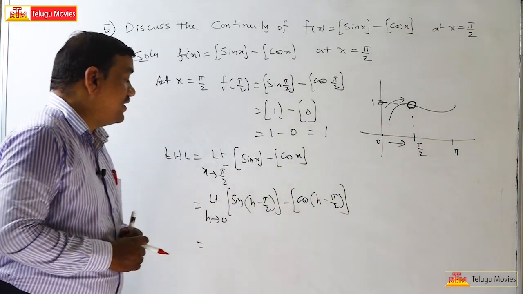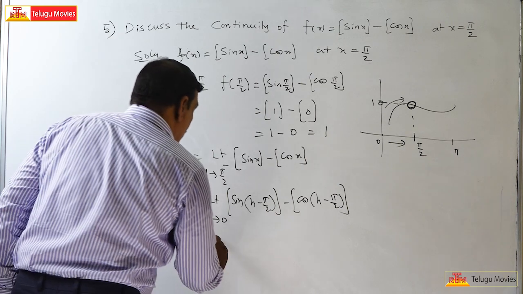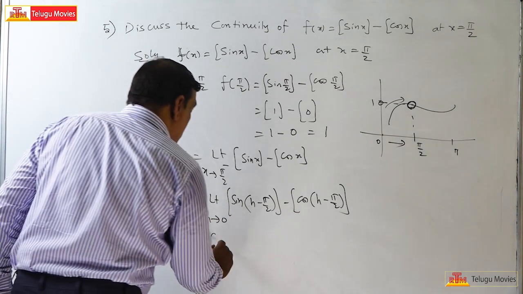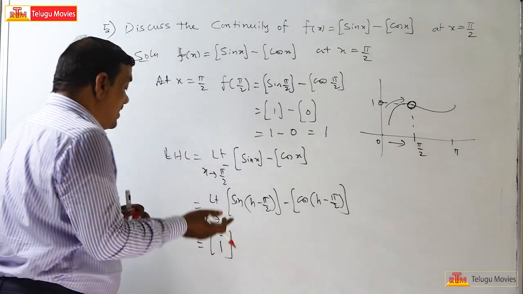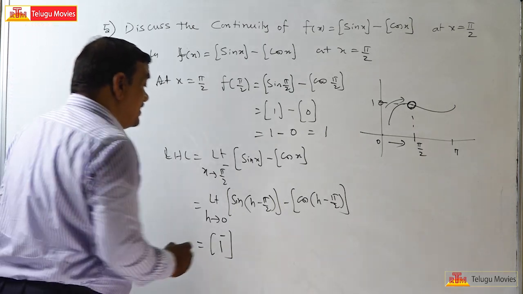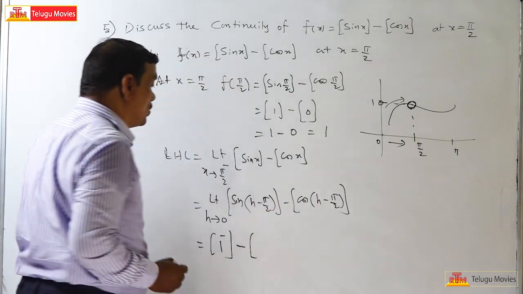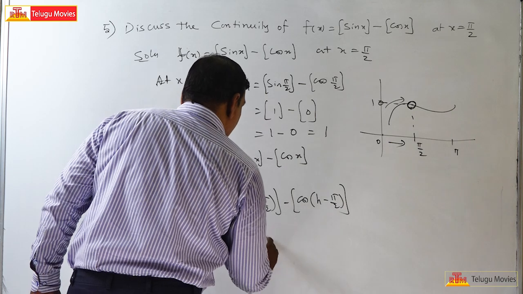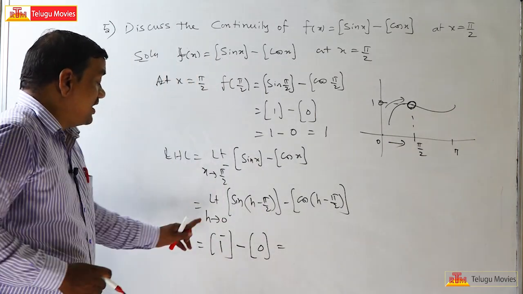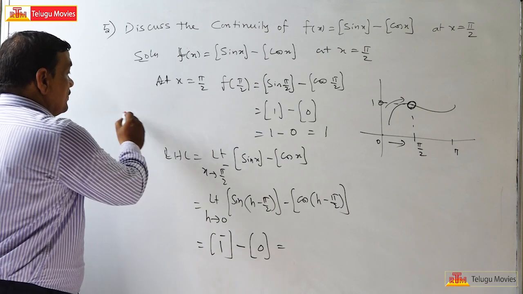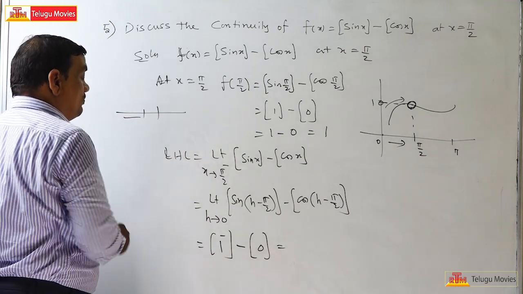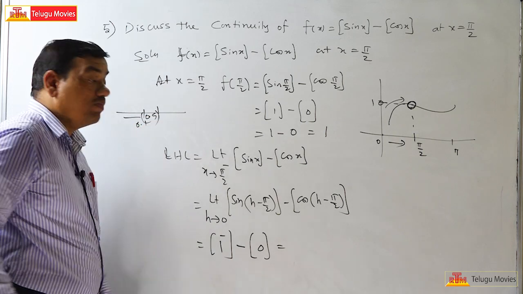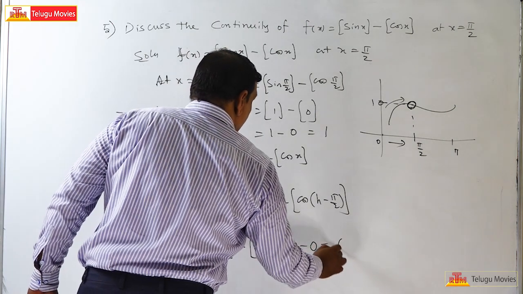And cos of (pi by 2 minus h) is also slightly greater than 0, but approaching 0 from the right, so its step value is 1. So this is equal to 0.